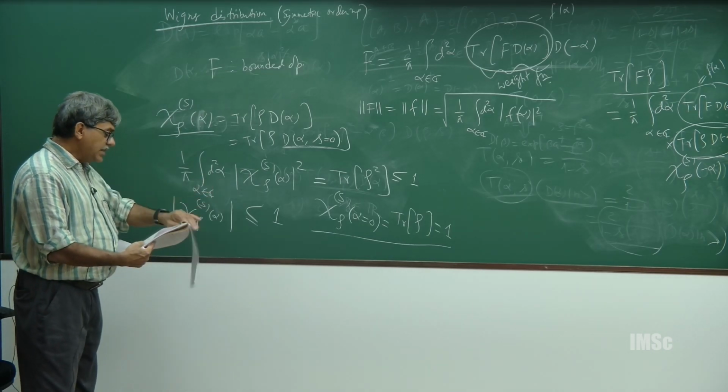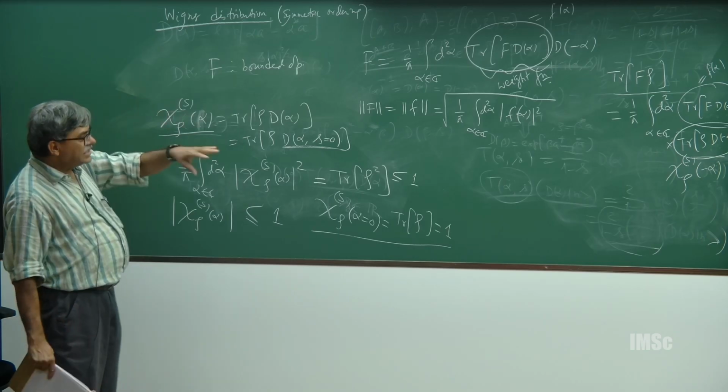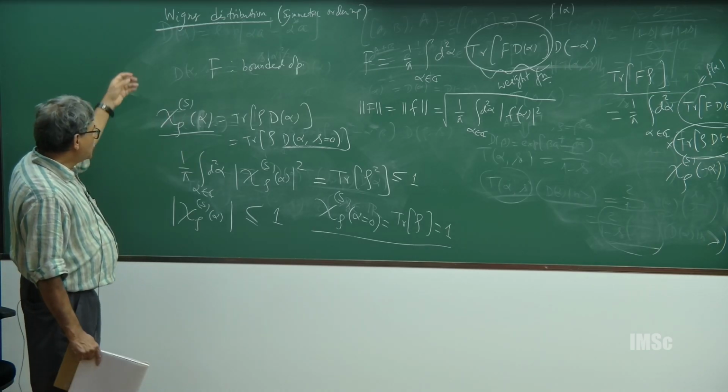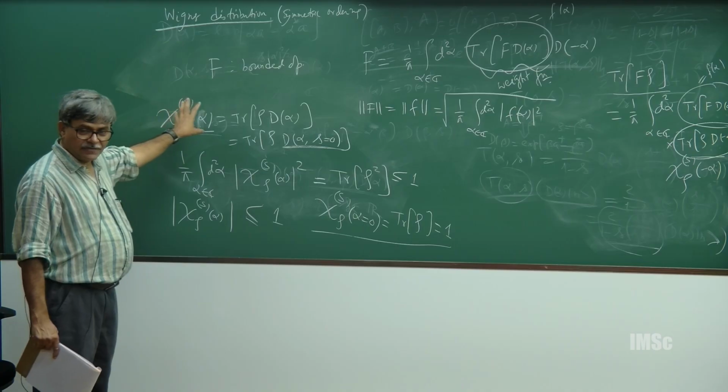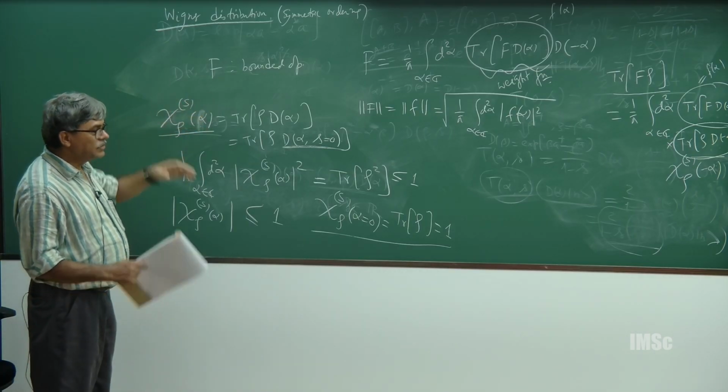Now, what we do is, just like in the classical distribution case, we go to the Fourier transform of this characteristic function, and that will give me the Wigner distribution.